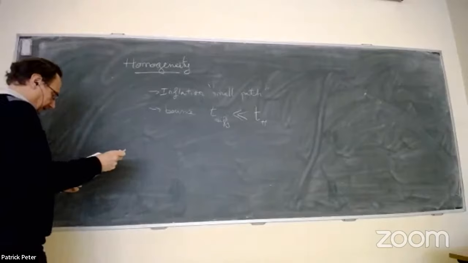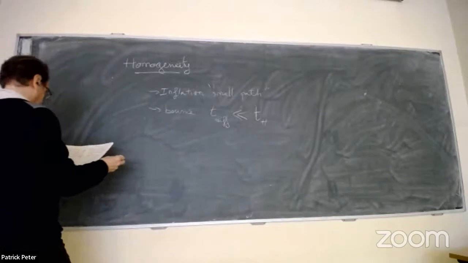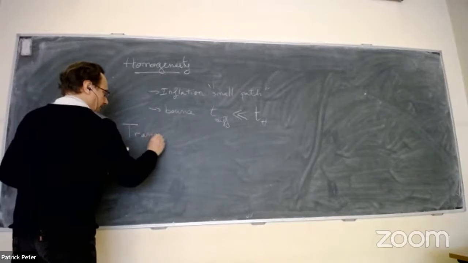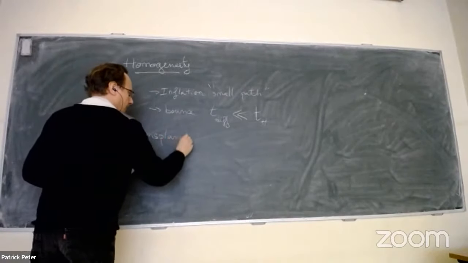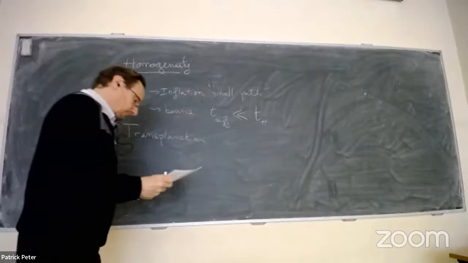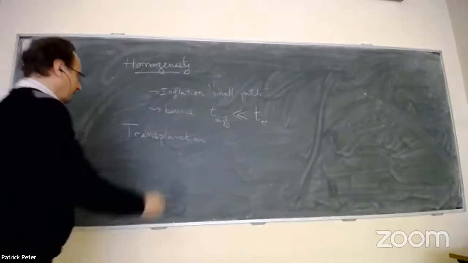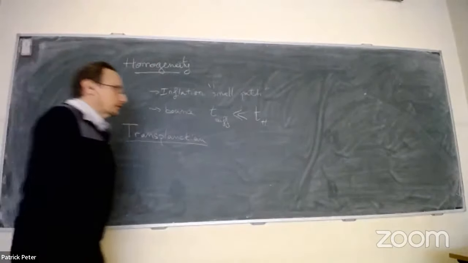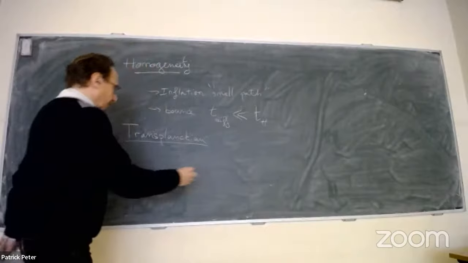The last of these simple matters is the transplanckian problem. It's pretty clear, and in particular, it's more of an issue for inflation.